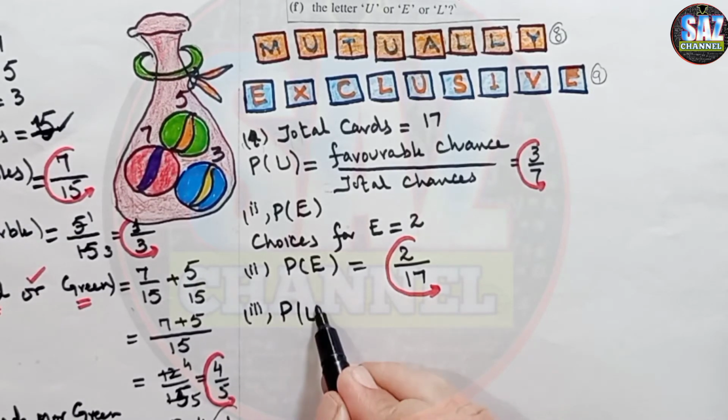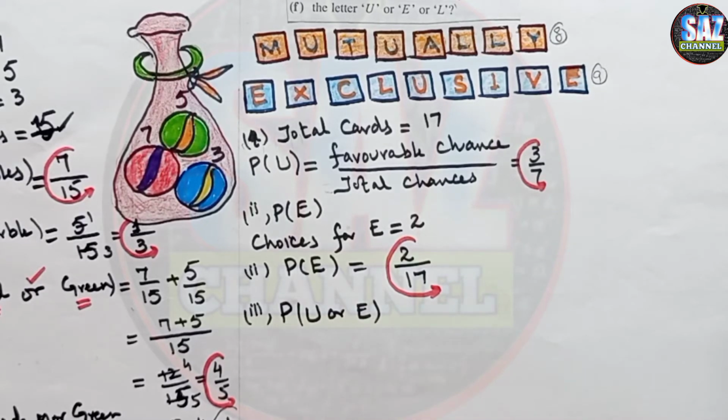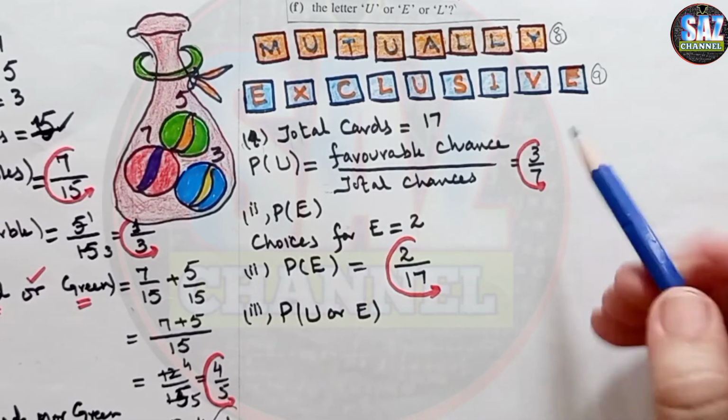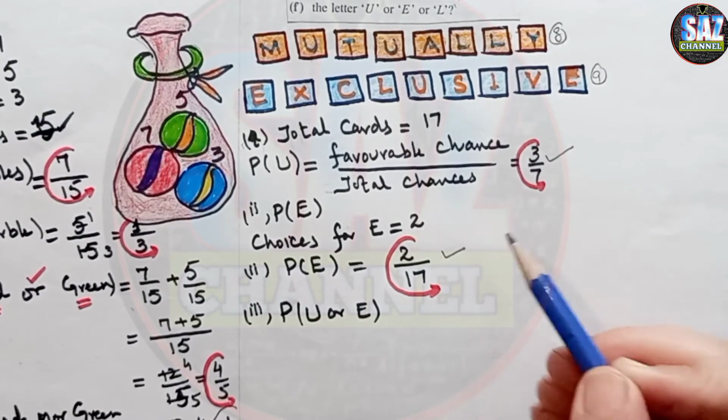Probability of U or E. Now we have the answer for the probability of letter U and letter E as well.